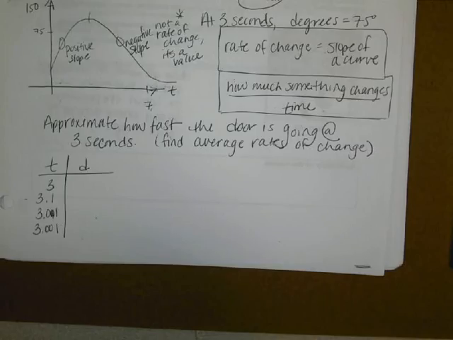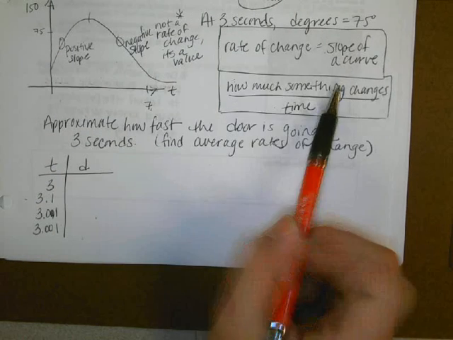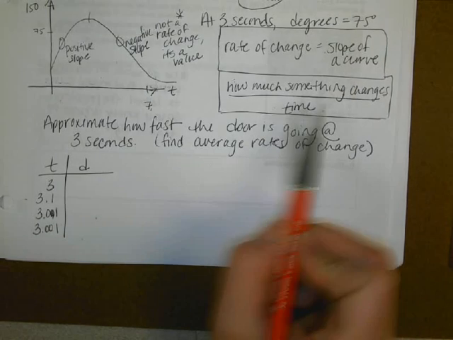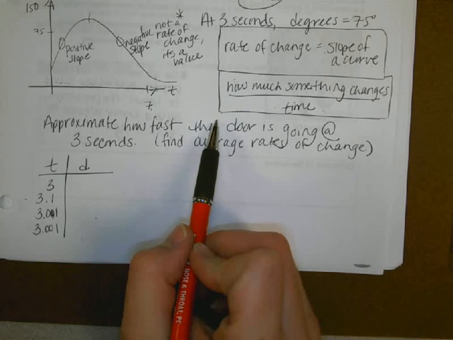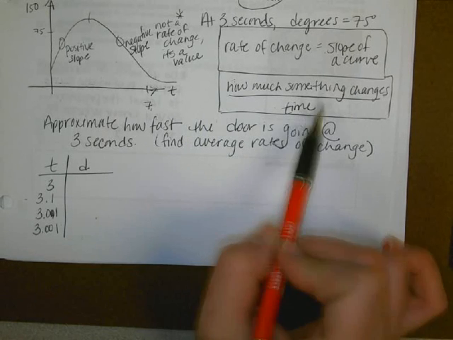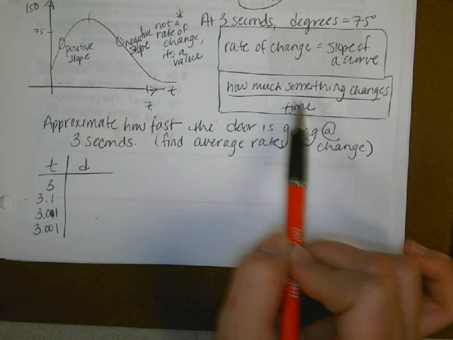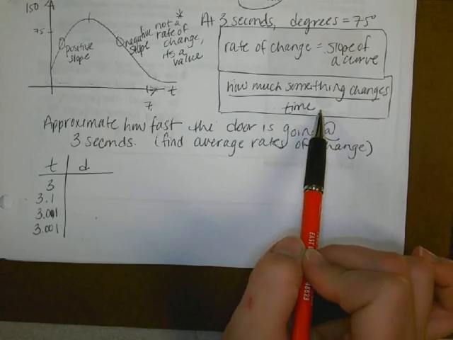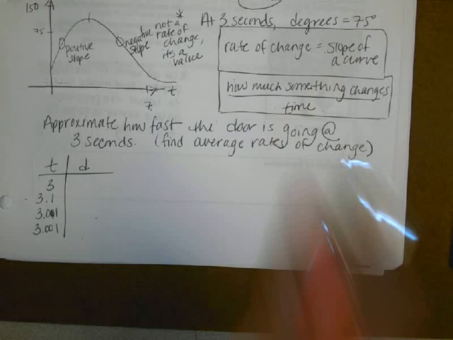As we already stated, I can't find the instant, because if I was looking at something at the instant of 3, you would subtract some y values, which we're going to find, and then you would subtract some x values to find the rate of change, or how much y changes over how much x changes. But if you're looking at the instant, essentially what you would be doing is trying to take 3 and subtract 3, because an instant is not a range of times, it's at one particular point.